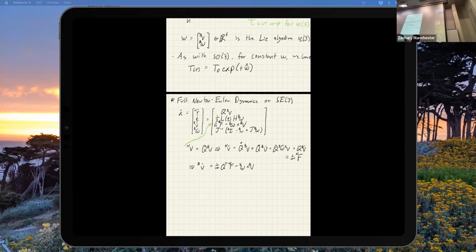So Q is body to inertial, Q transpose is inertial to body. So this whole thing is just the F's in the body frame, instead of the inertial frame now, right? So now we get the result we were after. So there you go. That's where that third line comes from, which is the F equals ma stuff.